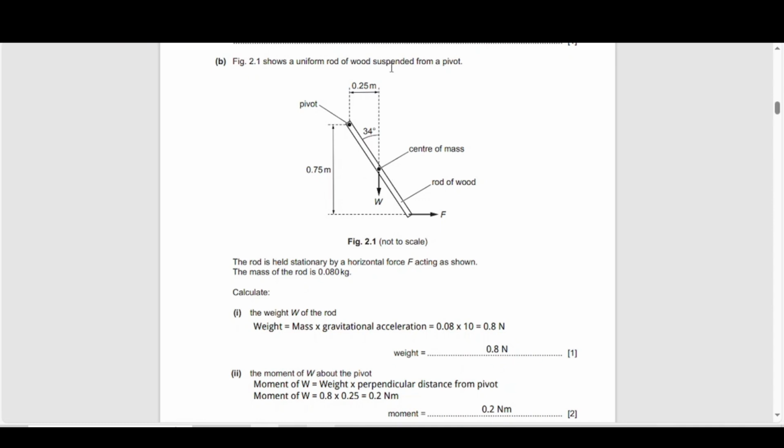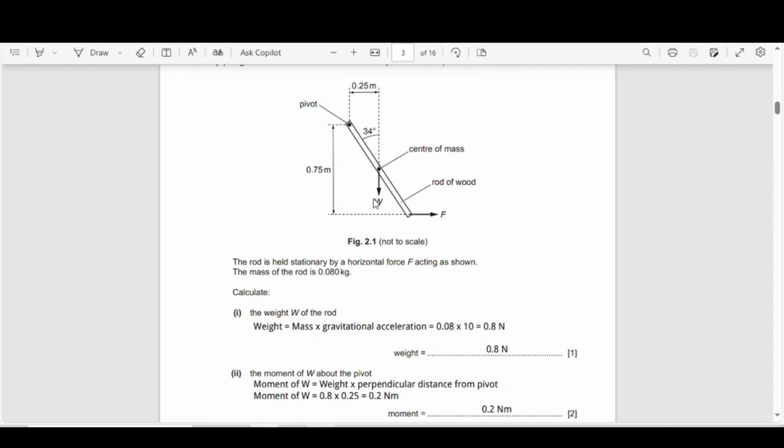So the easier thing to do is to use the perpendicular distance that W acts from the pivot. You could see that if W were to act in the perpendicular direction, then you would have a longer distance, because the length of the rod from the pivot to W is longer than 0.25 meters. So the fact that it's not acting that way is the equivalent of a perpendicular force acting at a shorter distance from the pivot, which is 0.25 meters.